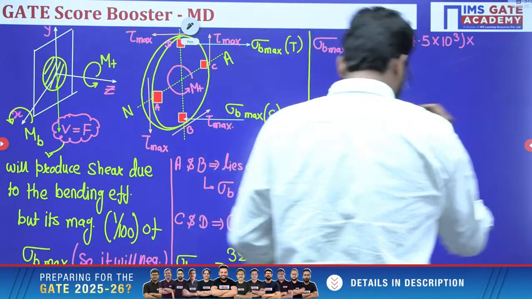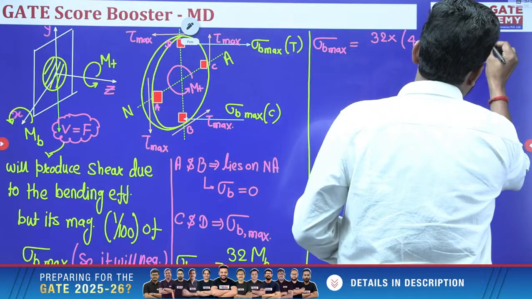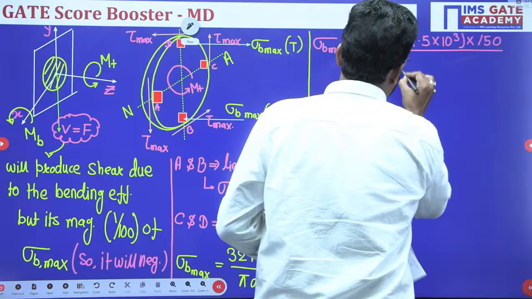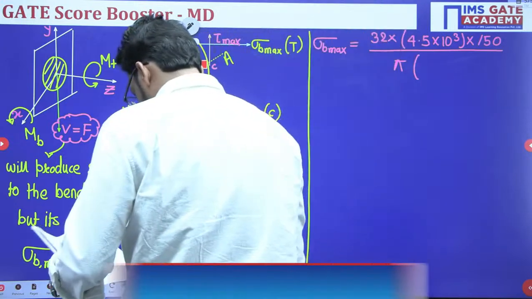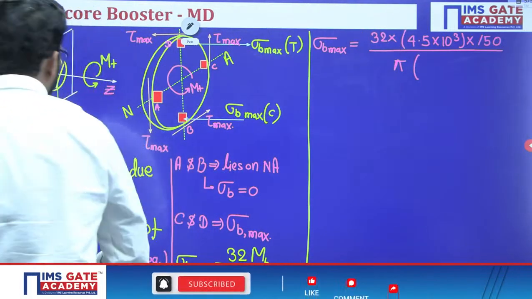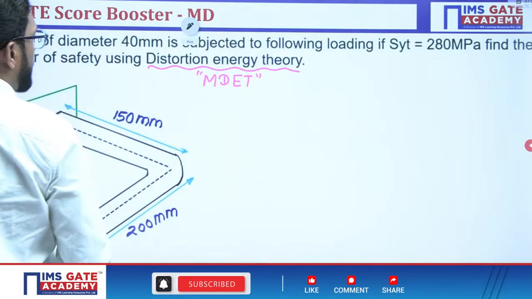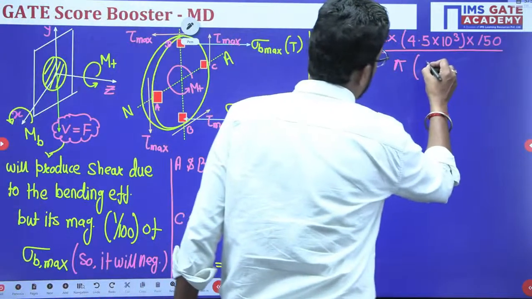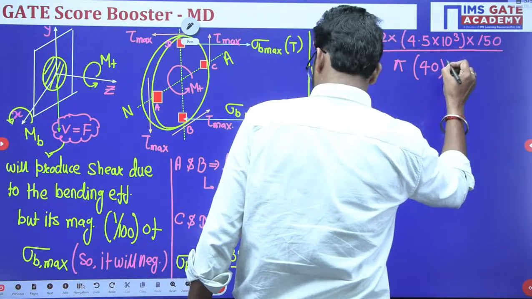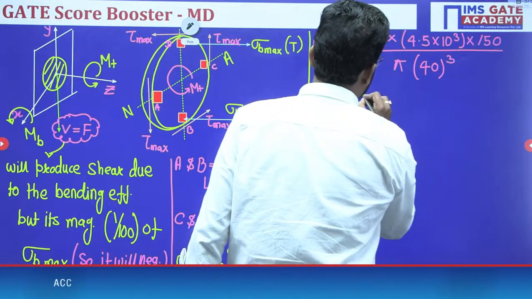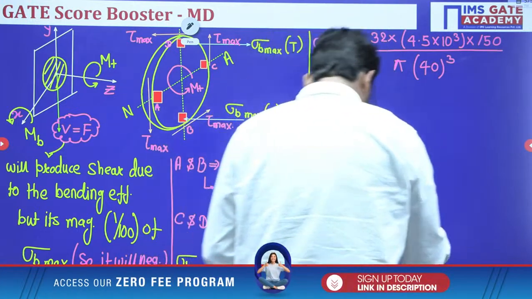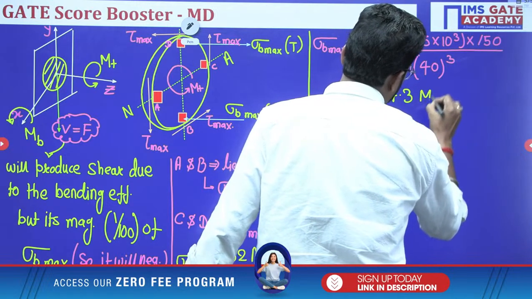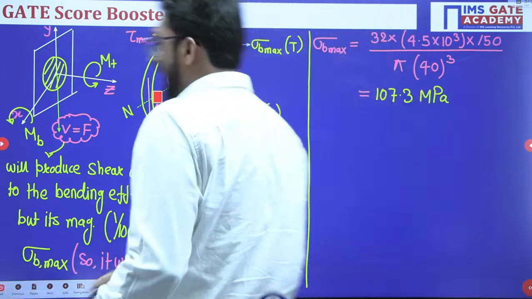The length is 150, divided by pi times diameter cubed. The diameter is 40, so 40 to the power 3. If you solve this, the bending stress value is 107.3 megapascal.